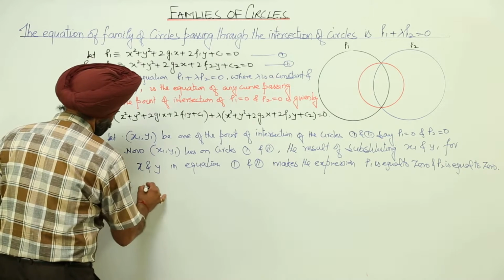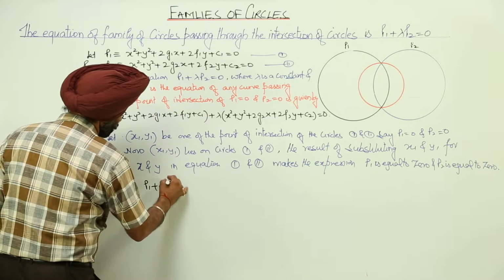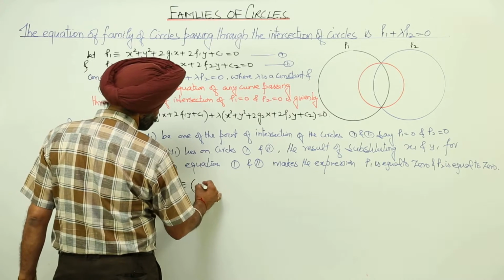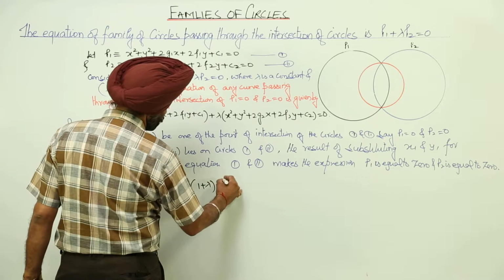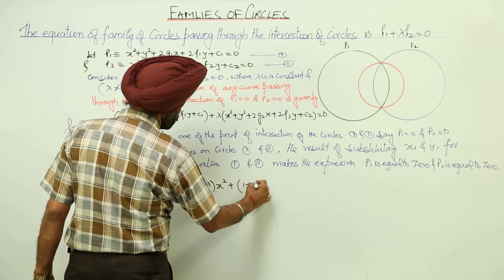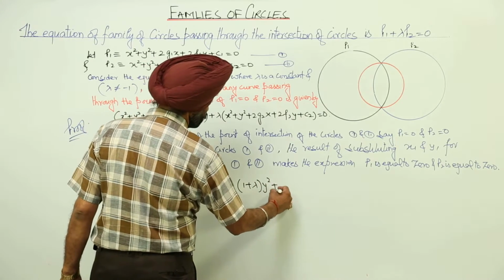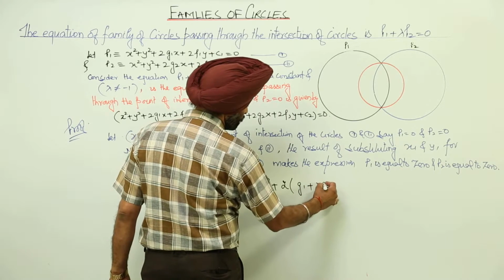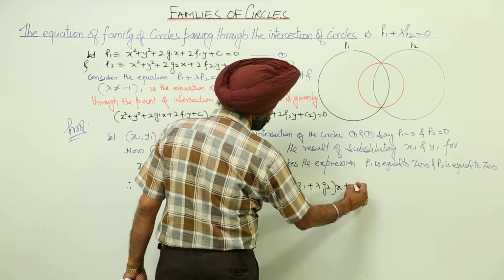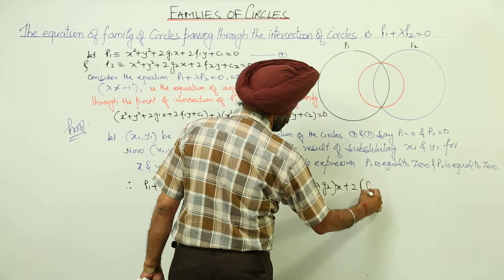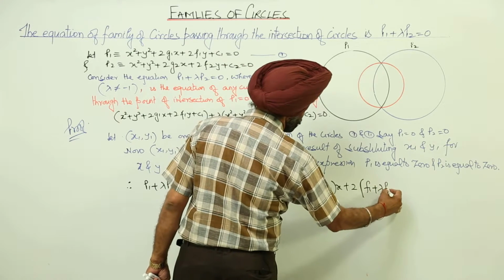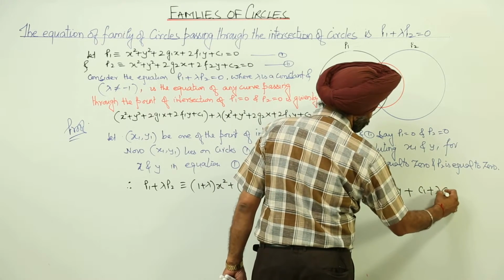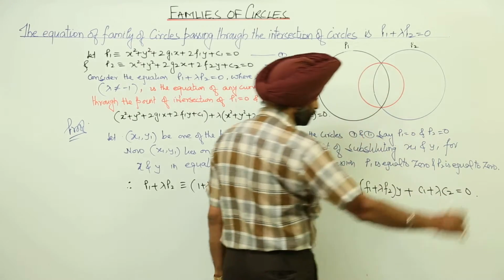Therefore, P1 plus lambda P2, now what does this become? This becomes 1 plus lambda x square plus 1 plus lambda y square plus twice of g1 plus lambda g2 with x plus twice of f1 plus lambda f2 with y plus c1 plus lambda c2 is equal to 0.